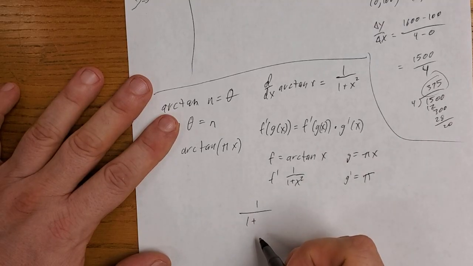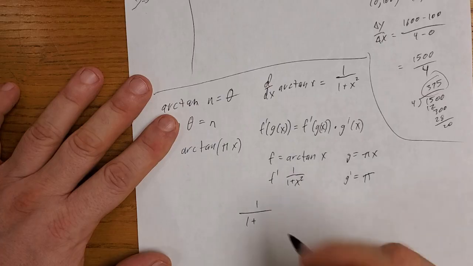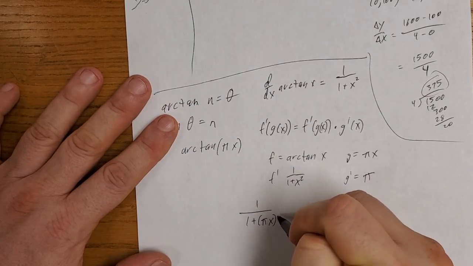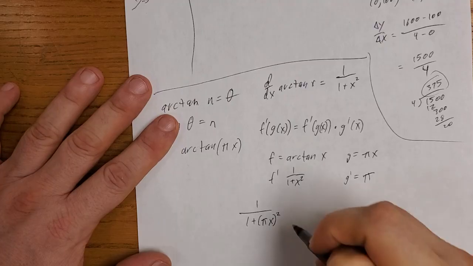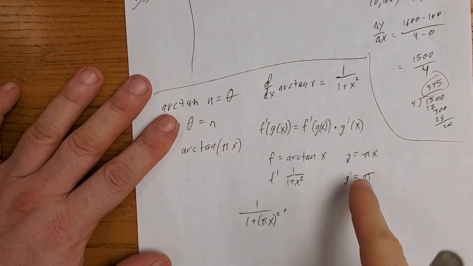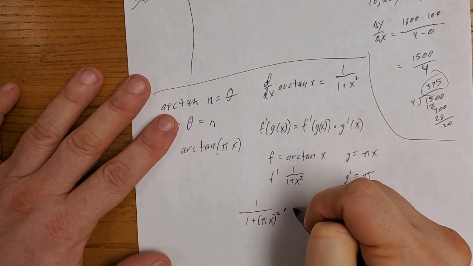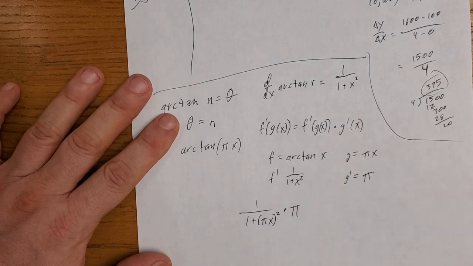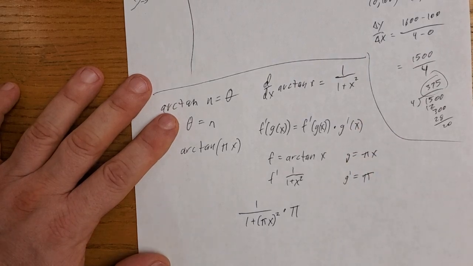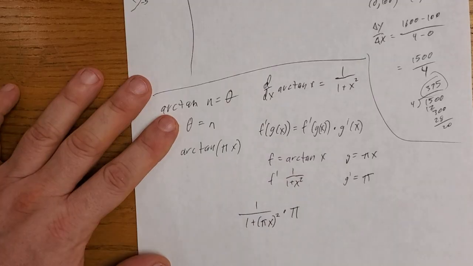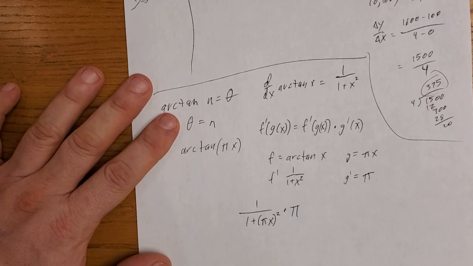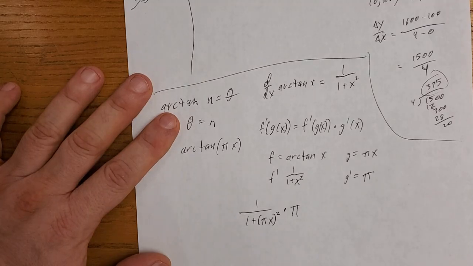So it is 1 over 1 plus pi times x squared, and then multiplied by your pi there, the derivative of the g. And then what is the best way to simplify that?